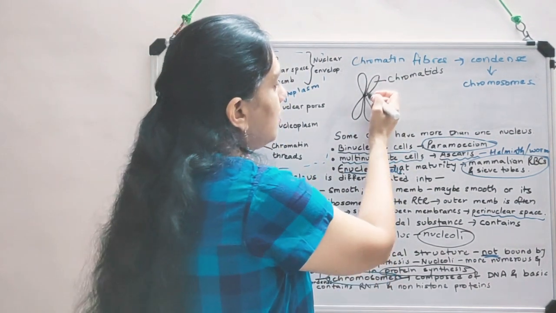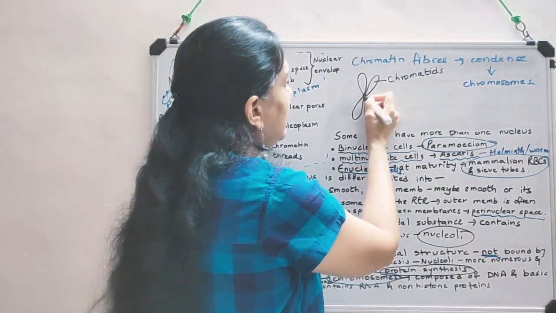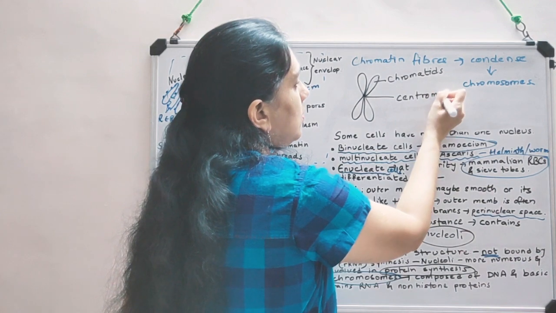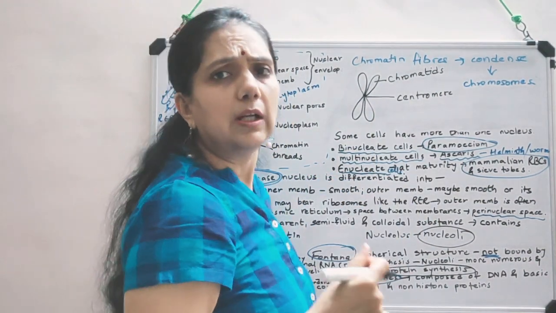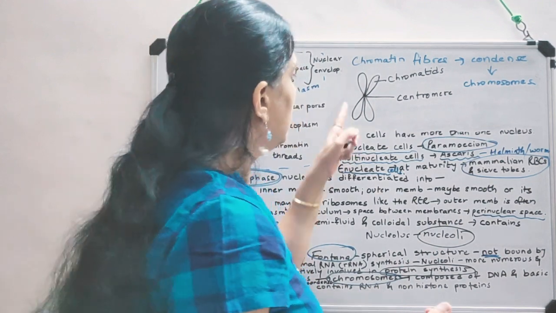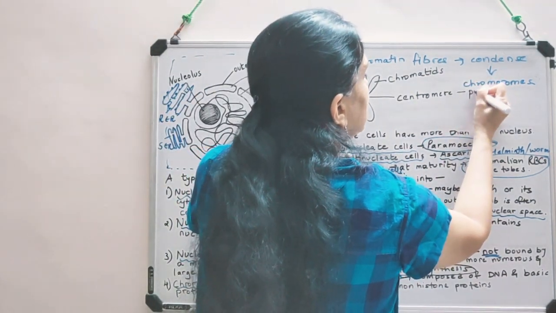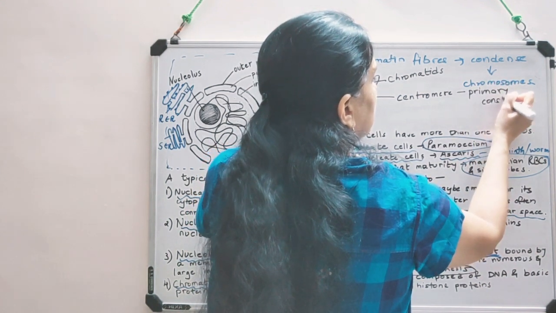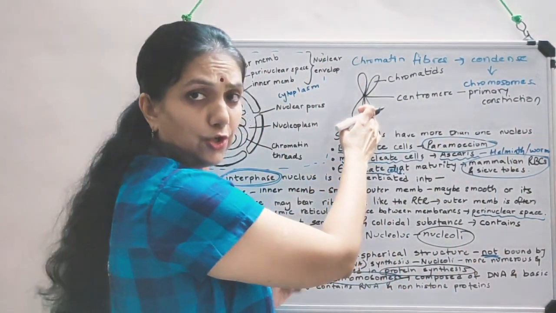Now these chromatids are attached at a constriction over there, and this constriction is called centromere. Now some chromosomes have another constriction also. So we call the centromere constriction the primary constriction. Okay.